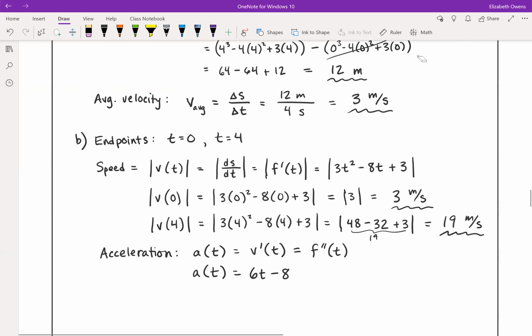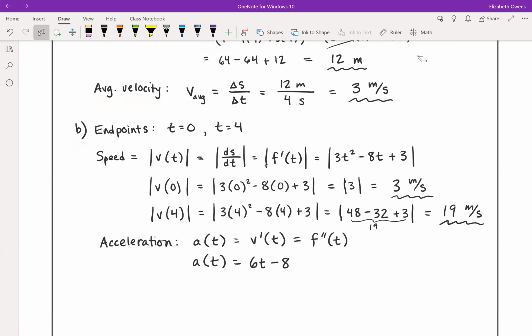There's our acceleration function, and so now to find acceleration at the endpoints, we'll plug in our time values. So acceleration at the first endpoint, plug in 0, that would be -8. And our units here are going to be meters per second squared. And in case you don't know where that's coming from, here's where it comes from.